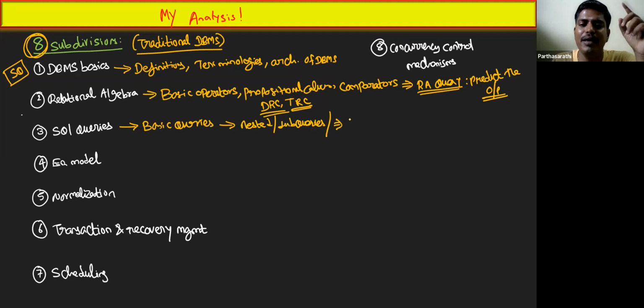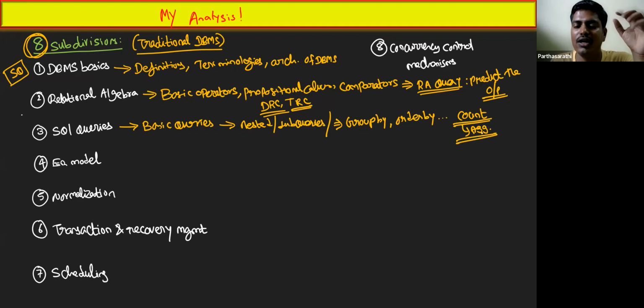Also, please be aware of these keywords: group by, order by, and most importantly the count function with respect to aggregate functions. These are all very important topics with respect to SQL queries. Here also they will give you a SQL query and you have to find the output, or they will give you a scenario and you have to predict which query is apt for that English statement.